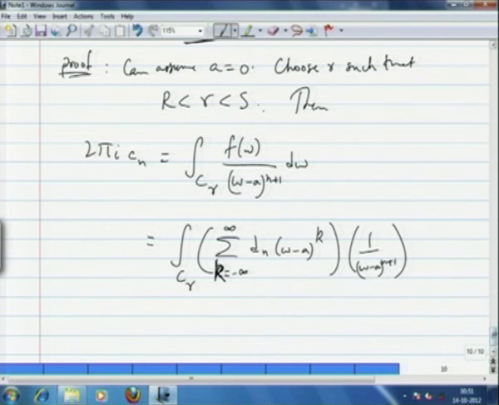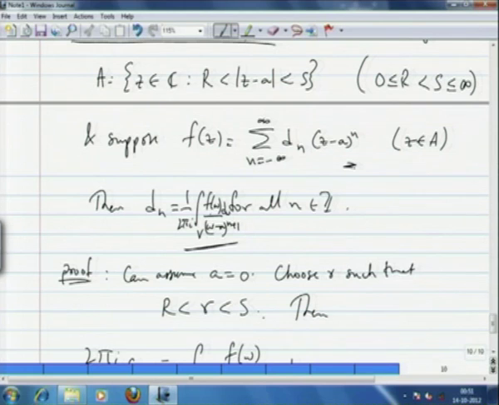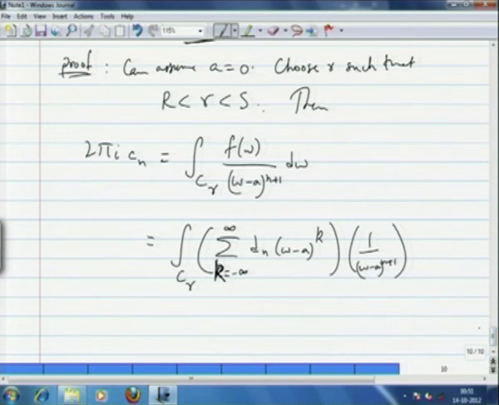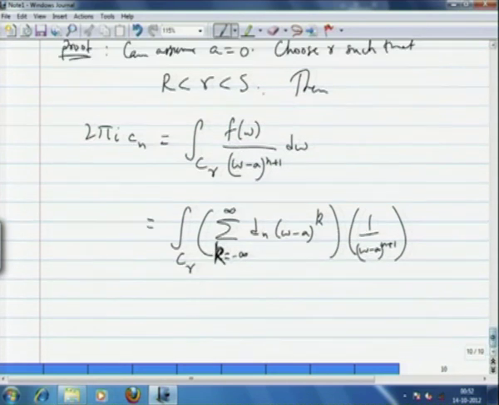So, f we assume can be written as d n times (z minus a) power n for z belonging to A, and here w is on the contour C r, which means it belongs to A. So, you can write f of w in that fashion, and then that is equal to the integral over C r of the sum over k equals minus infinity through infinity of d k times (w minus a) power k minus n minus 1. So, I cancel the factors of w minus a to get that.